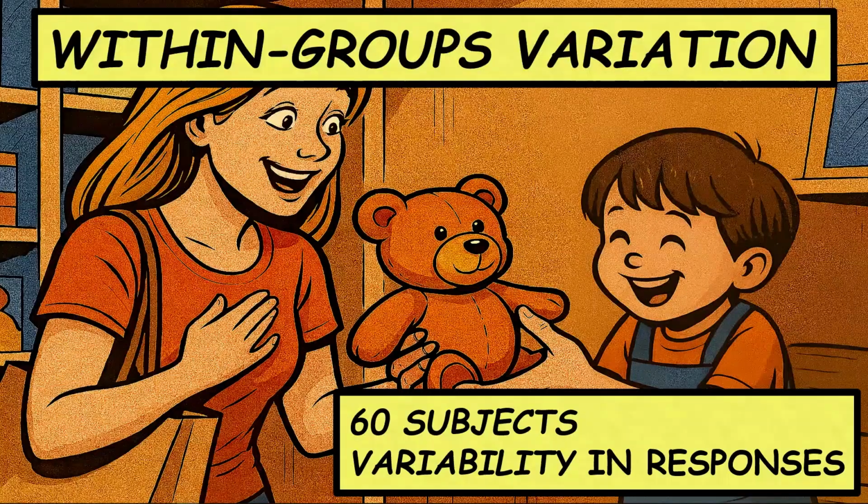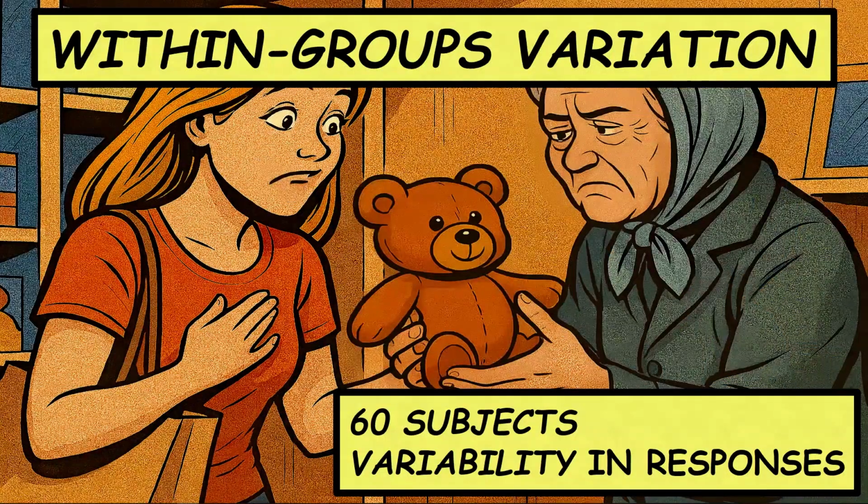So you have within groups variation coming from the fact that the 60 subjects in the prosocial boost sample were different from each other. They didn't respond in exactly the same way. And we have also the next condition. We have 60 subjects in the prosocial blocked condition, and those subjects didn't all respond the same way. They're all individual people. They all responded in different ways.